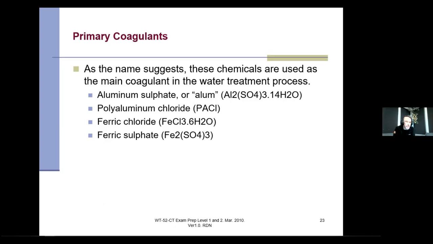When you look at the ABC test, the test that you'll be taking, they will be looking at alum, or an aluminum based product, as the most popular or the most widely used type of coagulant. It has an Al+2 charge, a big charge, but so does iron. Iron does have a great big charge as well.